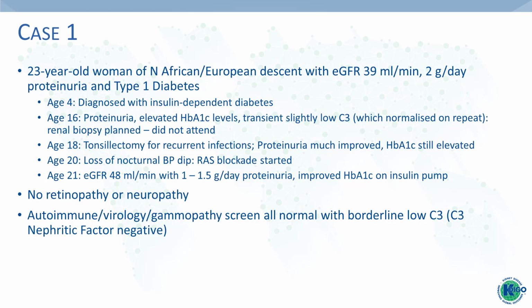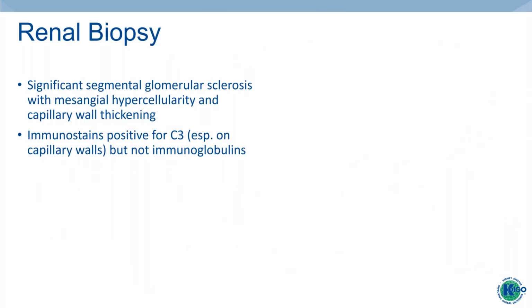She doesn't have diabetic retinopathy or neuropathy, and autoimmune virology and monoclonal gammopathy screens were all normal, with a borderline low C3 and a negative C3 nephritic factor. She underwent a renal biopsy, which showed significant segmental glomerular sclerosis with mesangial hypercellularity and capillary wall thickening.